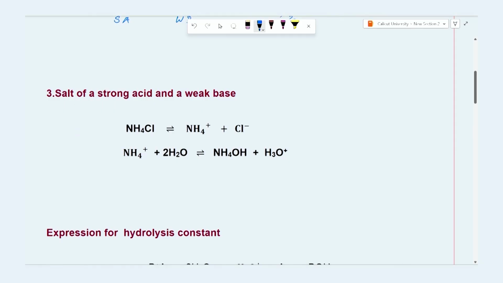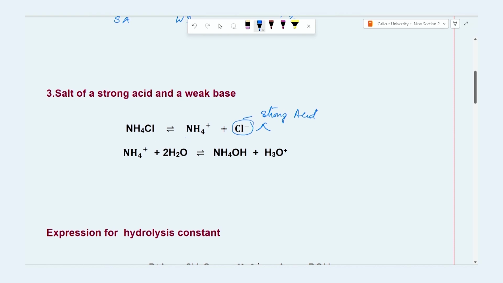Now, we will take one example and let it be ammonium chloride. Ammonium chloride dissociates into ammonium ions and chloride ions. Chloride ion comes from a strong acid, and therefore, this ion will not undergo any hydrolysis. It can undergo only hydration.